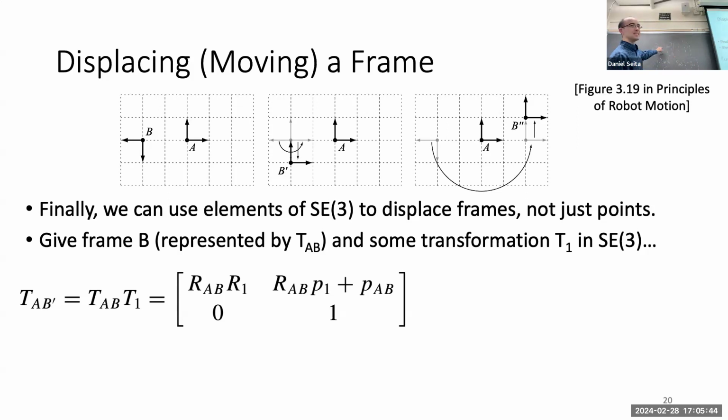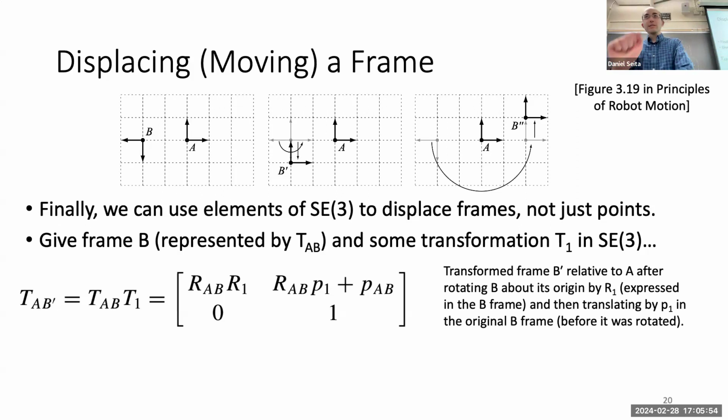So this is TAB, this is T1. The wording to describe this would be, well, let's be very careful here. It is the transformed frame B prime relative to A. Because that's just what this order means: TAB prime means transformed frame B relative to A. So A is like the origin for that.